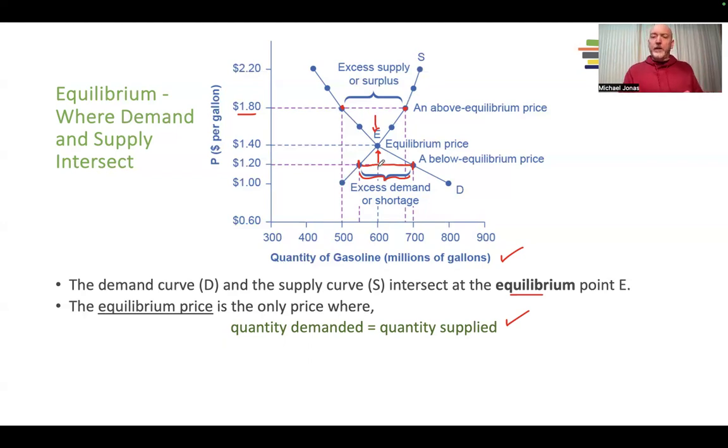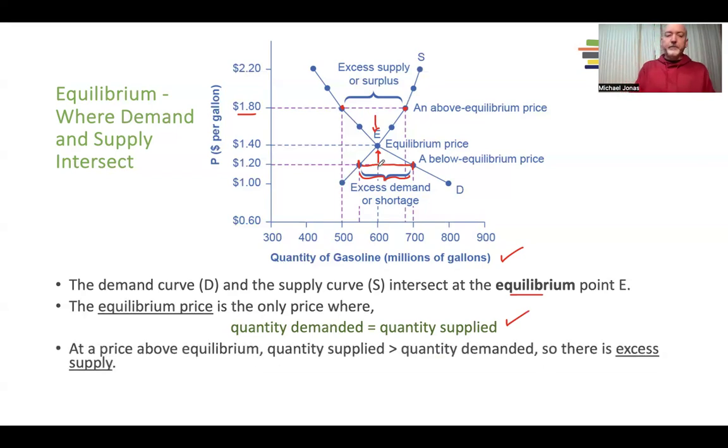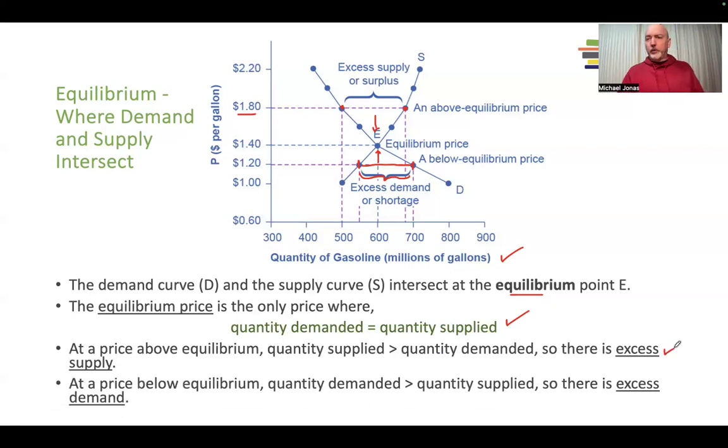It's the unique quantity that equates willingness to pay and marginal cost. So if given a diagram or a table, be able to explain where equilibrium is, what it is, and what's happening at any other point. Is there an excess supply or excess demand? And what are the mechanisms by which that will move us towards equilibrium?